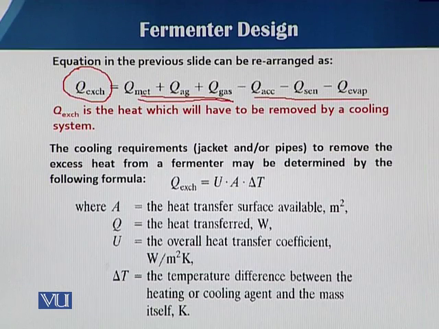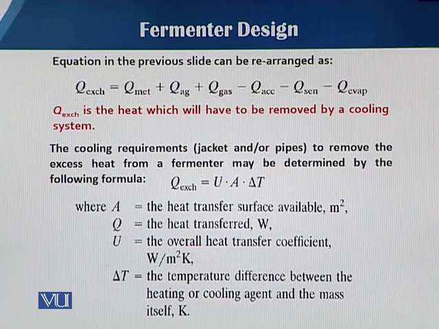The net change between these two groups of factors is the amount of heat that we require to exchange. When we know how much heat is required, we use this equation: Q exchange is equal to U dot A dot delta T.